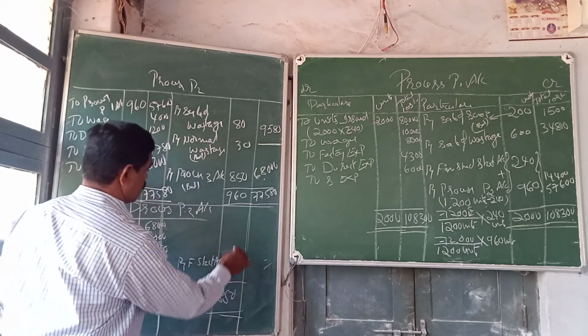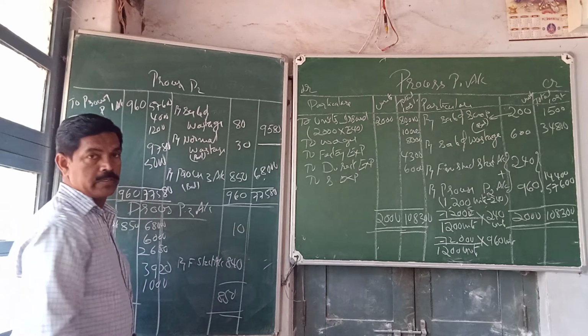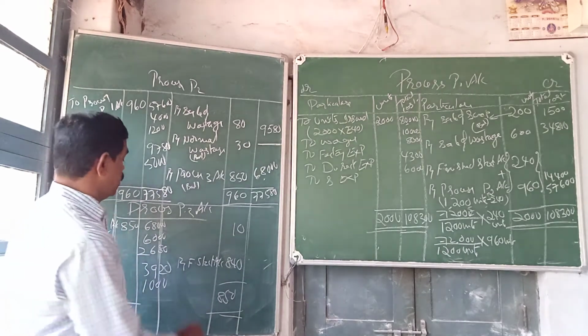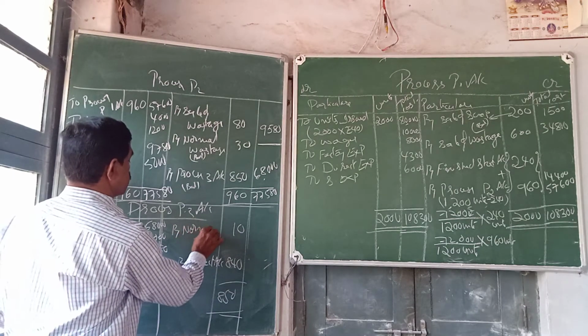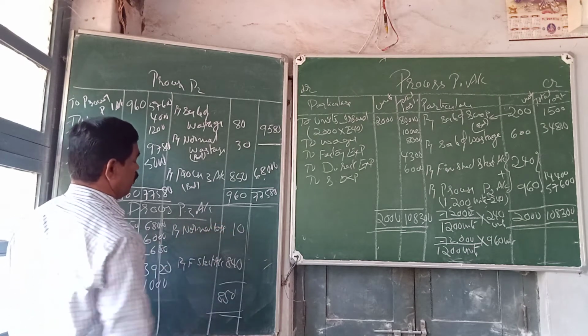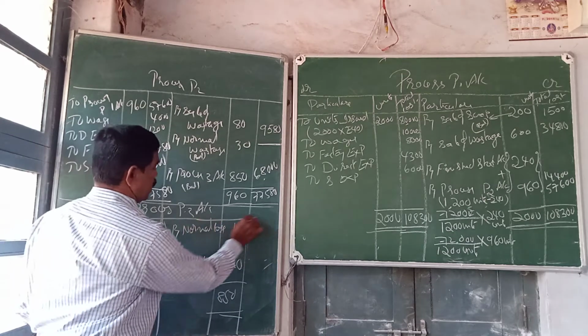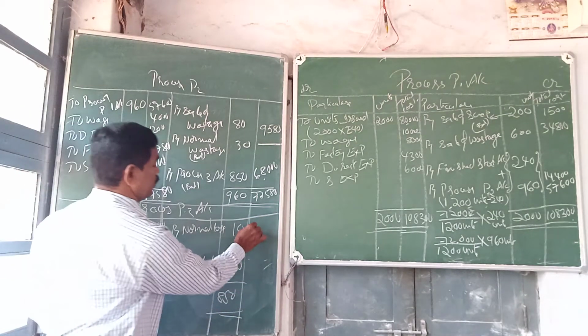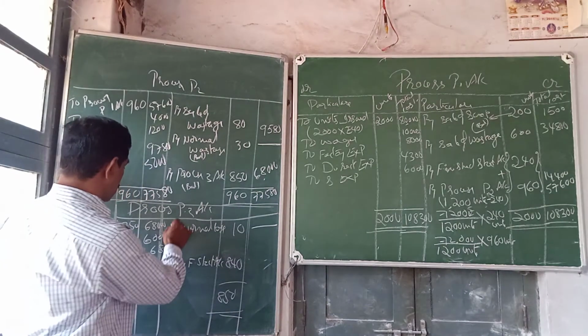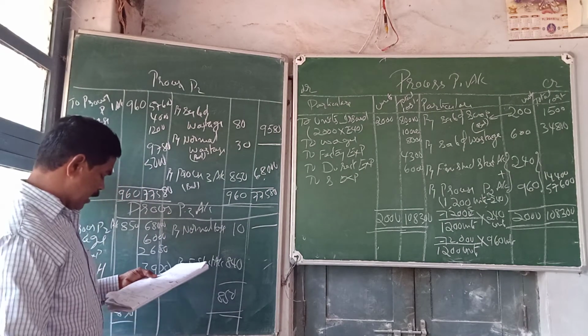There is a difference of 10 units. 10 units are known as normal wastage or normal loss. For normal loss, if the realizable value is given, we have to enter it, otherwise nil. Now total the cost column.